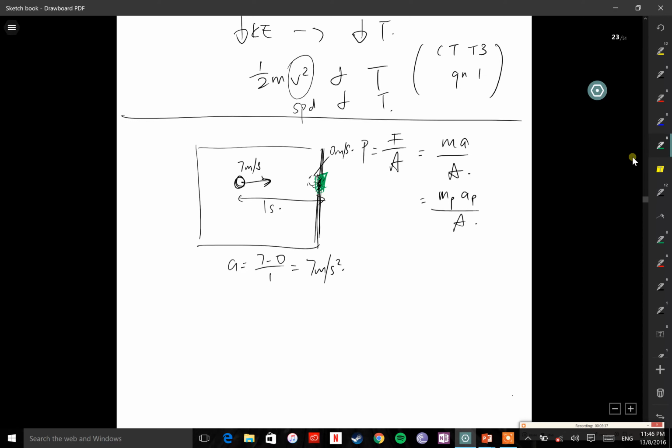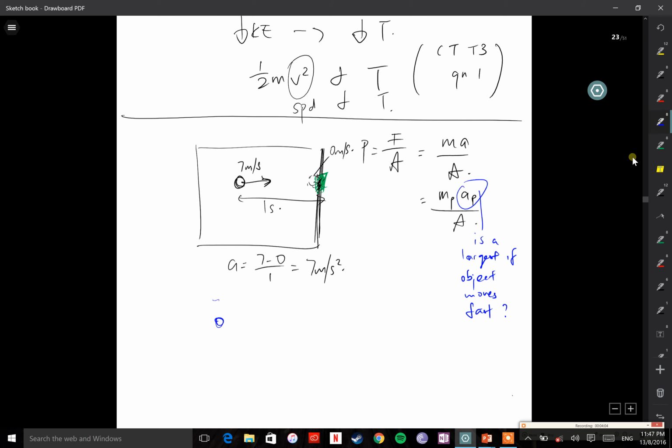Now I want you all to see this relation for acceleration. Is acceleration greatest if the object is moving faster or slower? So I want you all to consider this.